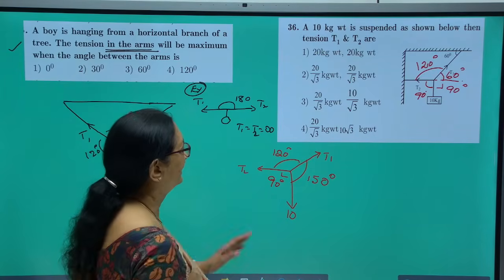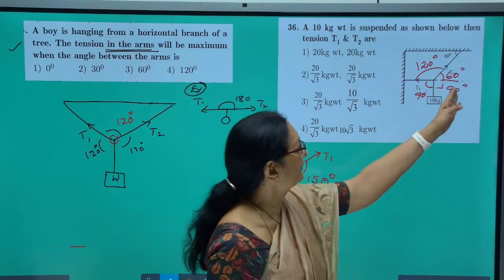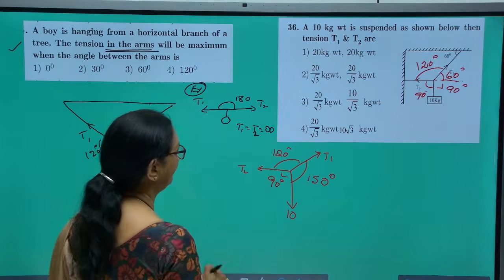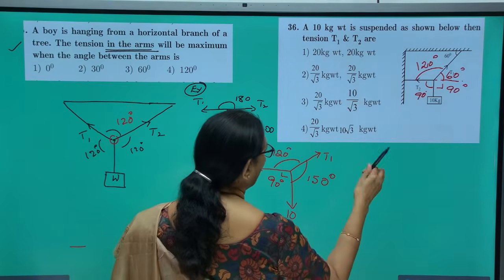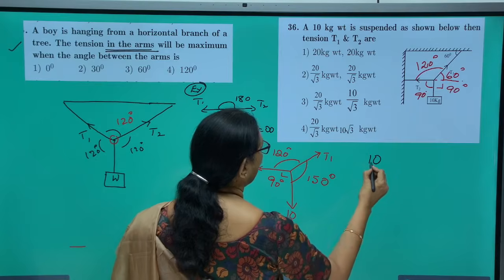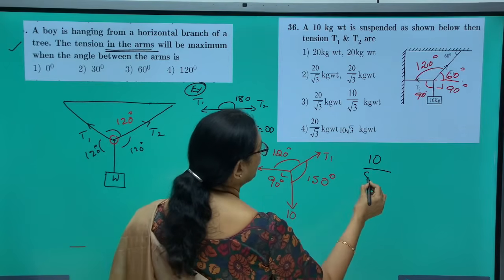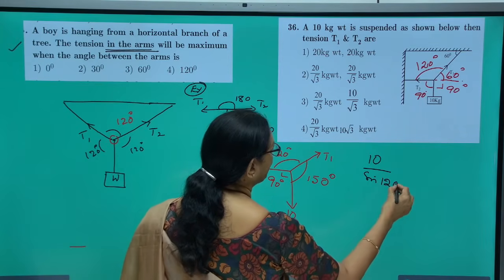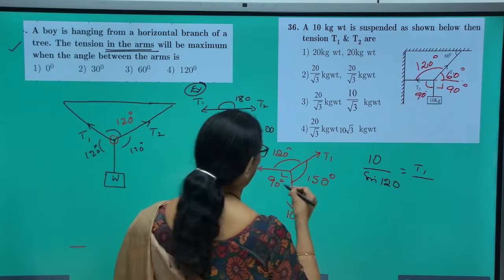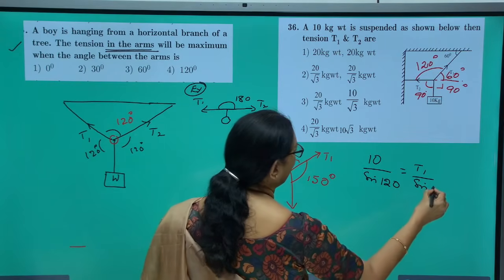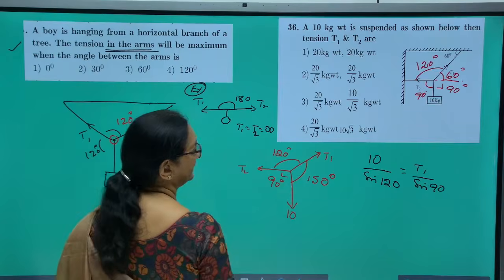Total angle is 360, this is 60 plus 90, that is 150. So, from Lami's theorem, 10 by sine of its opposite angle is equal to T1 by sine of its opposite angle, that is 90 degrees here.